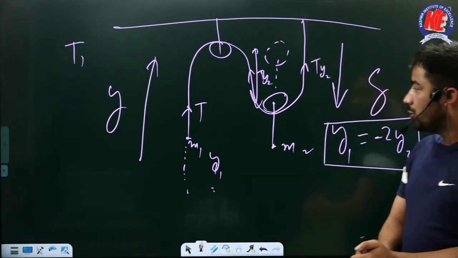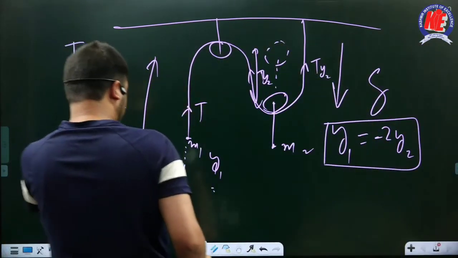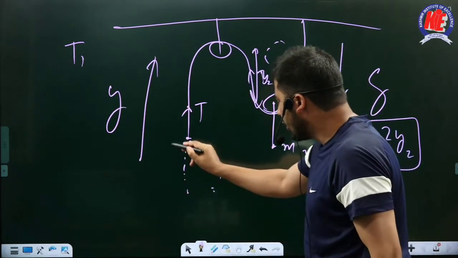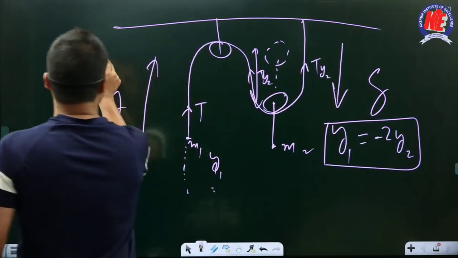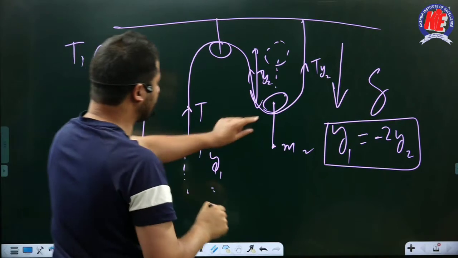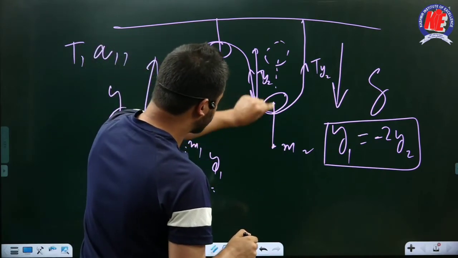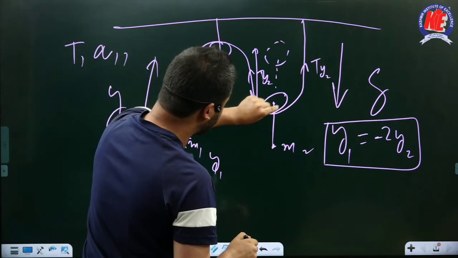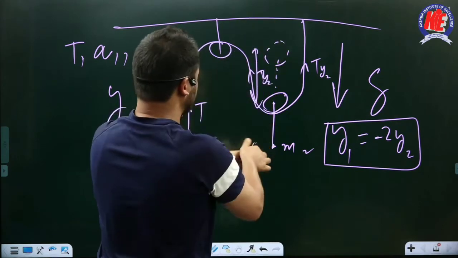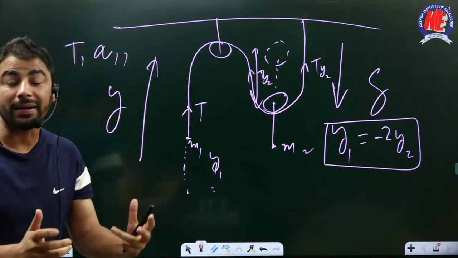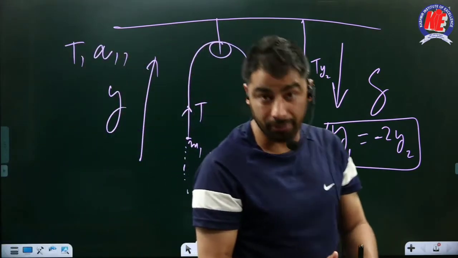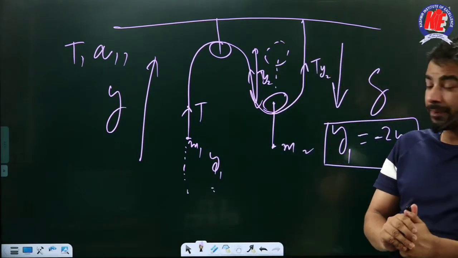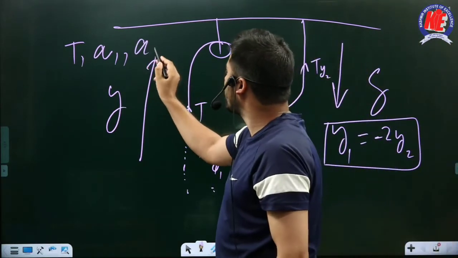Okay, if I assume the acceleration of this massive block, it is going to move downwards with an acceleration of a1. The block which is connected to this massless pulley moves upwards. It's a movable pulley. I expect that it will definitely move with a different acceleration, and I assume that it will move with an acceleration of a2.